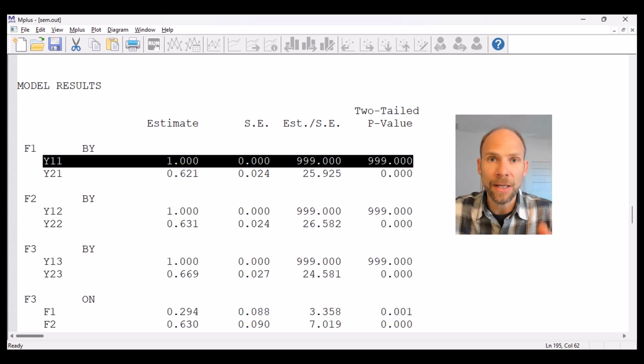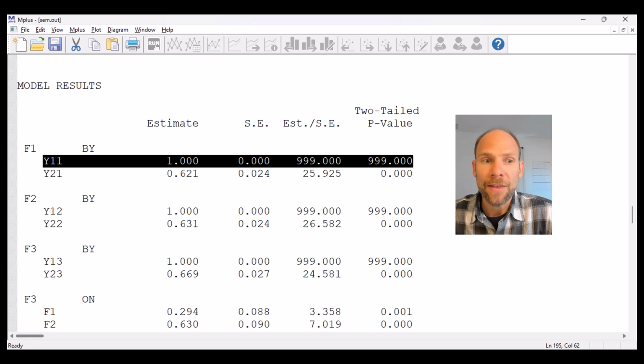It has to be uniquely defined by either fixing the variance of the factor directly or fixing one of the factor loadings to 1, which is the default in Mplus and many other software programs as well, taking simply the first indicator of the factor, fixing that factor loading arbitrarily to 1, without, so to say, loss of generality. You could also use a different indicator because it's largely arbitrary.